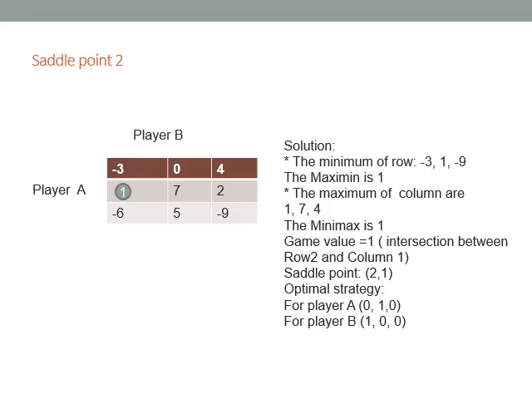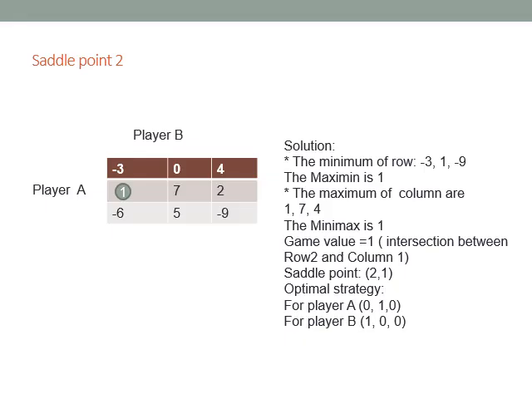That's why his strategy for row 1 equals 0, for row 2 equals 1, for row 3 equals 0, because he has no strategy in row 1 and row 3.